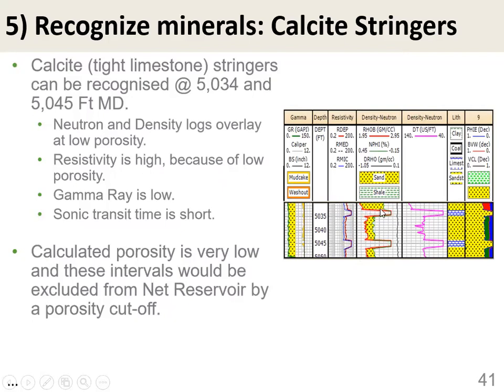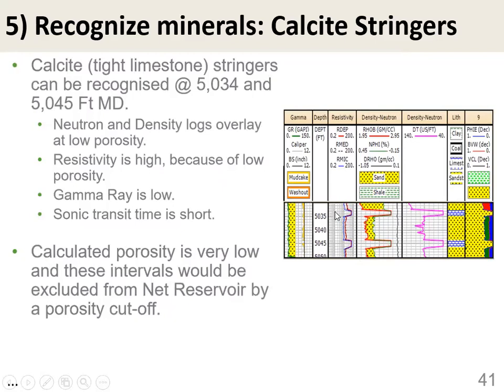If you notice, both the density and the neutron logs trend to the right, indicative of low porosity. Resistivity is high, and the gamma ray is low. And also the sonic transit time is low.